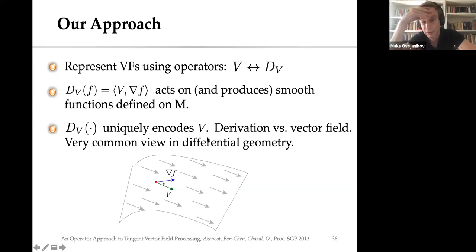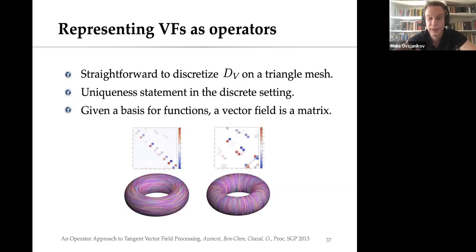And this turns out, again, I learned this along the way, to be a very common idea in differential geometry, and this is called derivation. Derivation is just an equivalent way of expressing vector fields. We were very excited about this idea, and we tried to discretize it in practice. It's relatively simple to construct this D_v operator on a triangle mesh, and you can show that the same uniqueness statement also follows in a discrete setting.